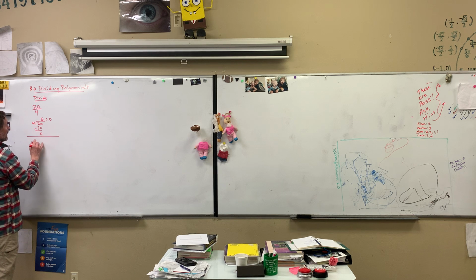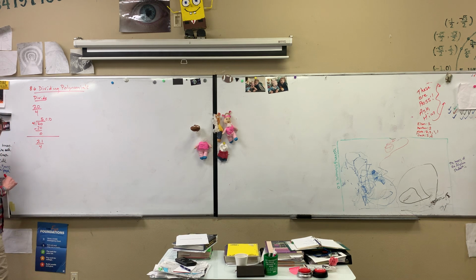What happens when I go 21 divided by 4 like this? Remainder of 1. So there were a couple ways that you did this. Possibly we would say 4 goes into 21 5 times. 5 times 4 is 20. You subtract, you get out the 1. You could try to do the decimal, or you said remainder of 1.